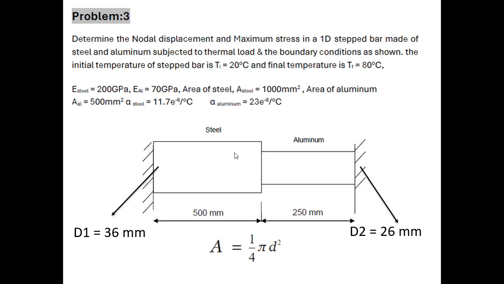You can create this 1D stepped bar either using SpaceClaim geometry in Workbench, or you can also create it using Design Modeler in Workbench. So let's begin with the Ansys Workbench.